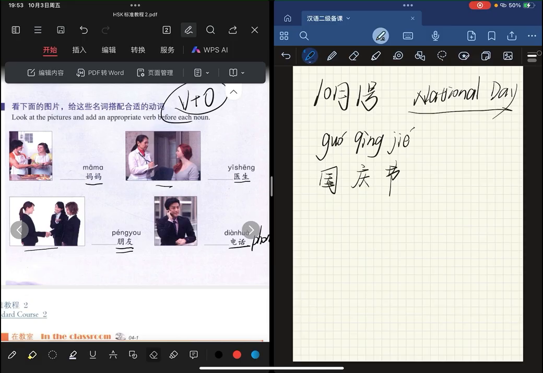And this year is very special because National Day happens to fall at the same time as another traditional Chinese festival, the Mid-Autumn Festival.